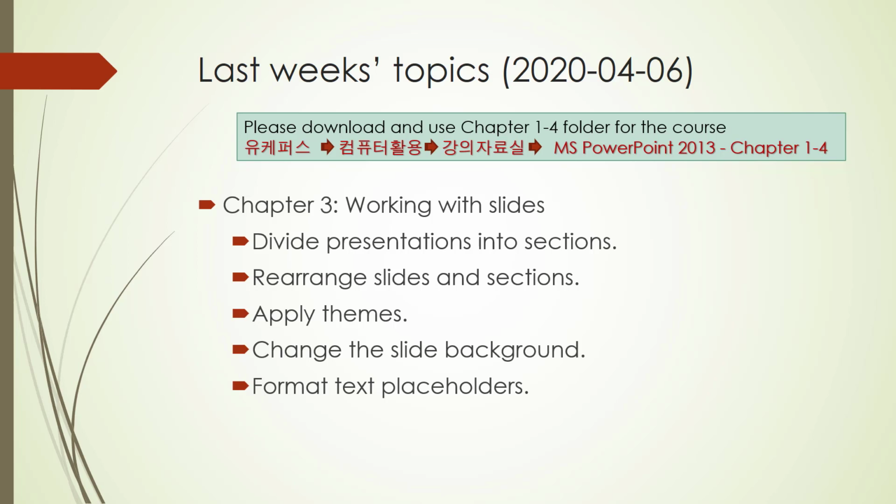Number 2 is change the color and style of the shape's outline. Number 3 is apply a style such as a shadow, reflection, or glow. Number 4 is apply a 3-dimensional effect. And number 5 is select a predefined shape style that incorporates some or all of the preceding options.